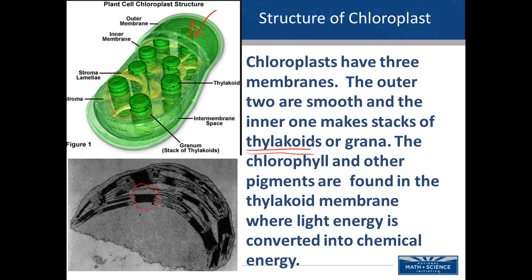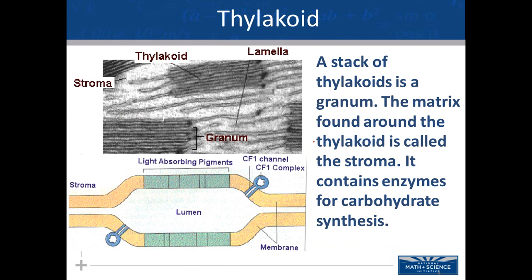Inside the thylakoid is where you're going to find chlorophyll and other pigments involved in the process of photosynthesis, where light energy is converted into chemical energy. So now we're going to examine the structure of a thylakoid.